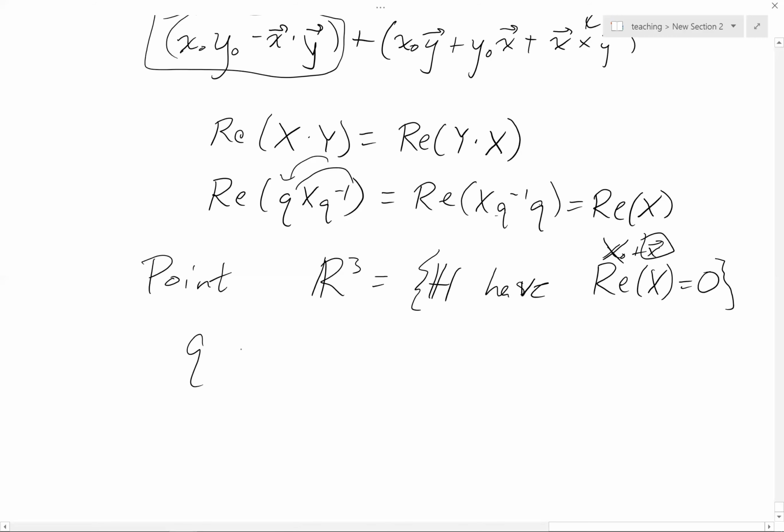So if Q is a quaternion, and we're actually going to take it to be a unit quaternion, so that means Q0 squared plus the vector squared is 1. Because if I change the length of the quaternion, it doesn't change this map.